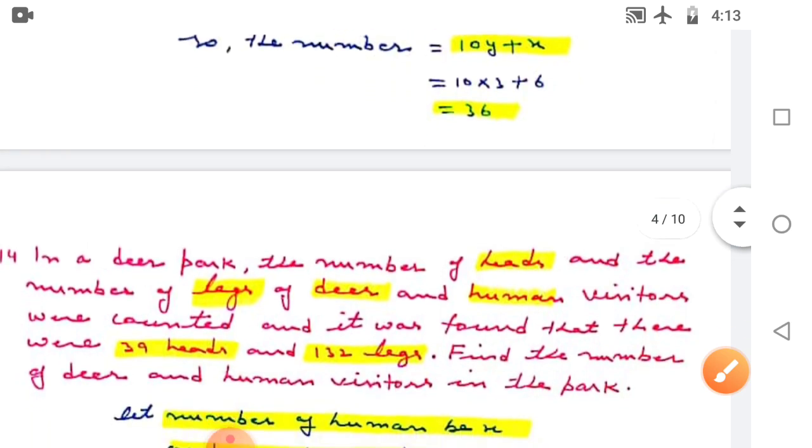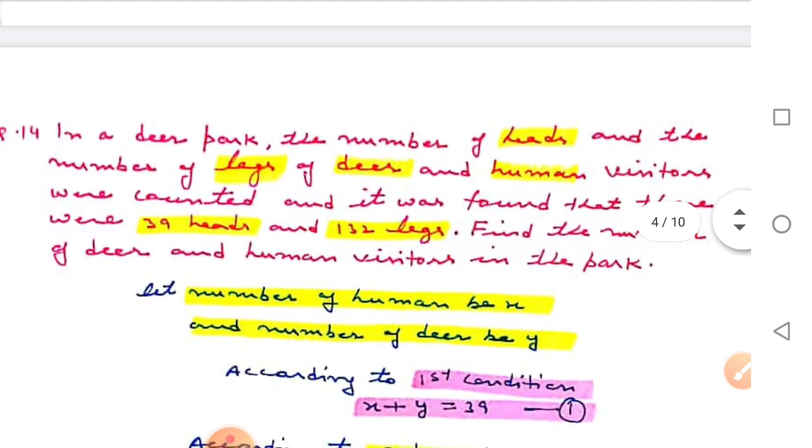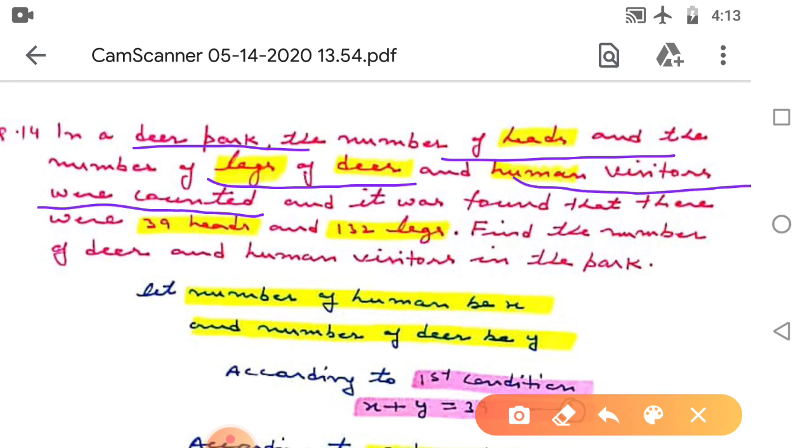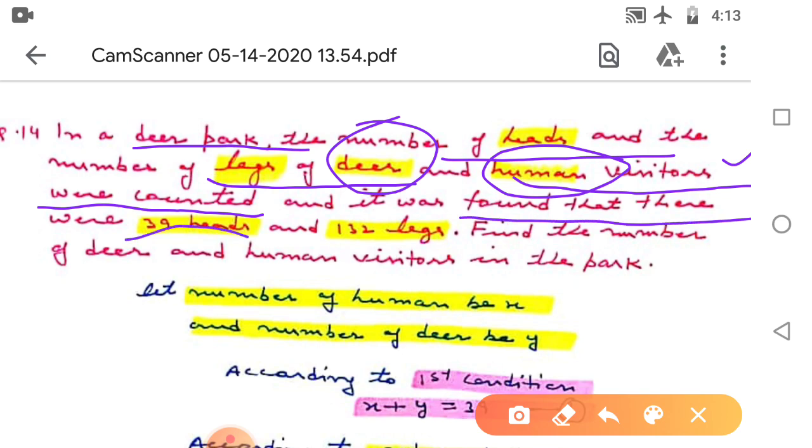Now come to question number 14. The question is: in a deer park, the number of heads and the number of legs of deer and human visitors were counted, and it was found that there were 39 heads and 132 legs.